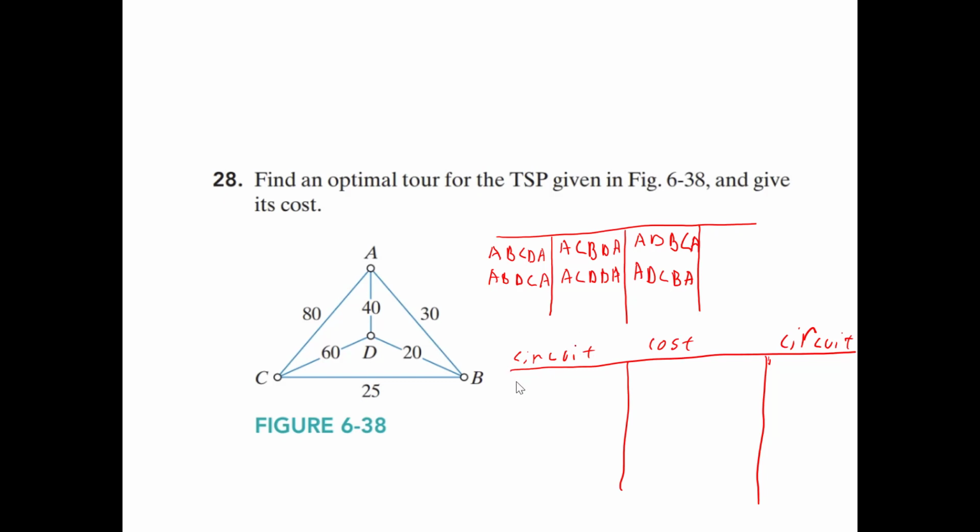A, B, C, D, A is the same as A, D, C, B, A. And then A, B, D, C, A is the same as A, C, D, B, A.